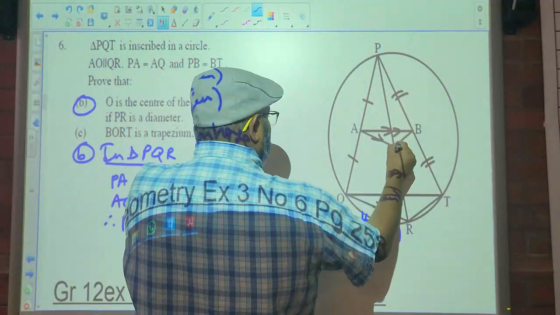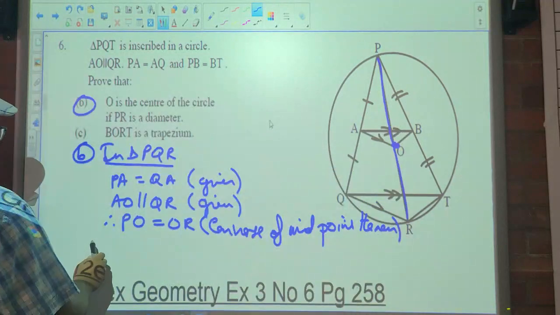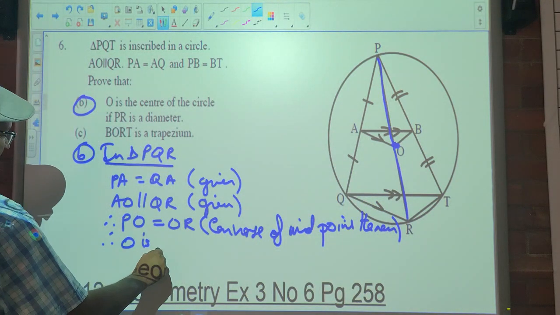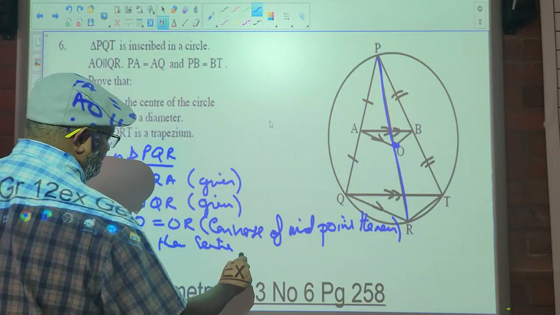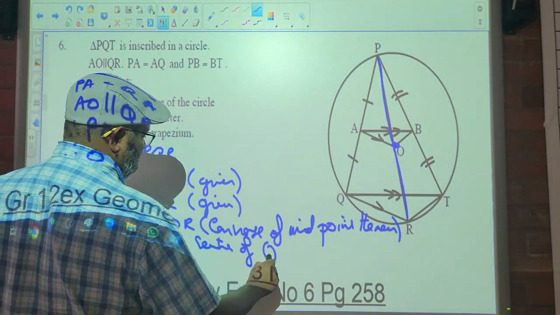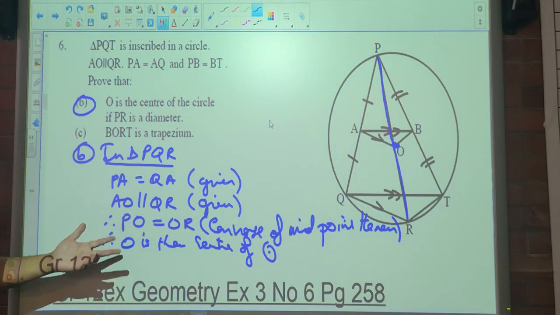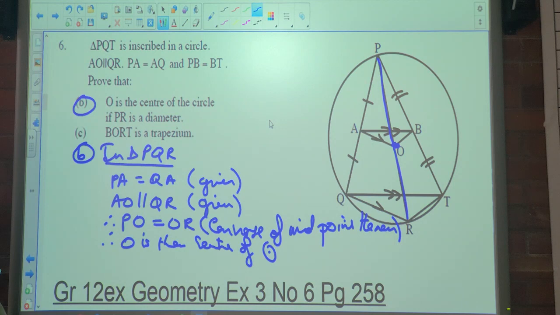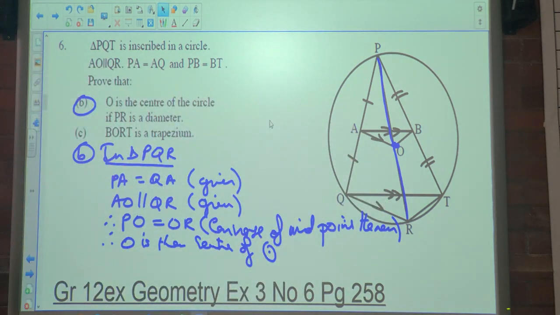So that is now, of course, the center. Therefore, O is the center of the circle. Or you can say that since PR is the diameter and PO is equal to OR, therefore O has to be the center of the diameter. Or OP is your radius, or whatever you wanted to say. All would be acceptable.